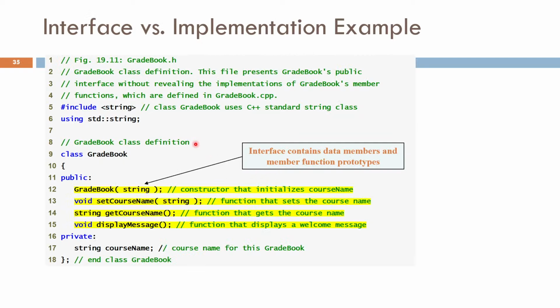So this is actually a nice example of an interface. You can see here, this file name is going to be gradebook.h, meaning that's going to be a header file. And inside gradebook.h, we're only going to define the structure of our class. So you see we have class GradeBook, we have the public access specifier, we have our constructor, our setter, getter, our display message, and our private data member variable.